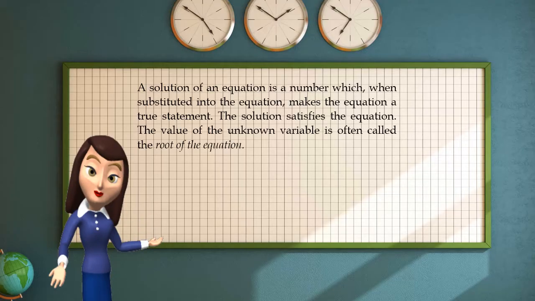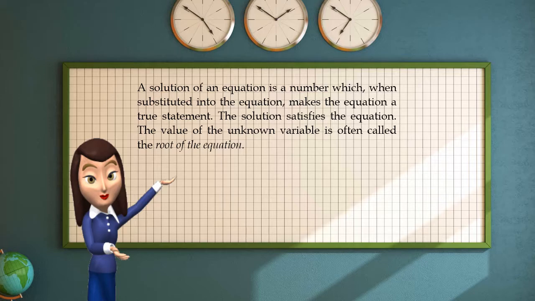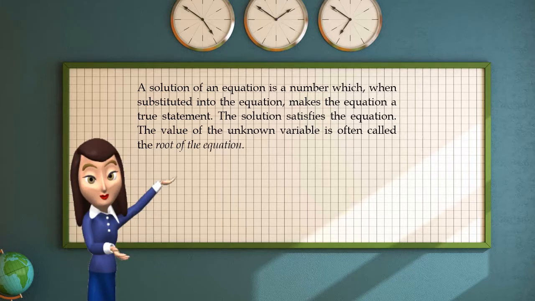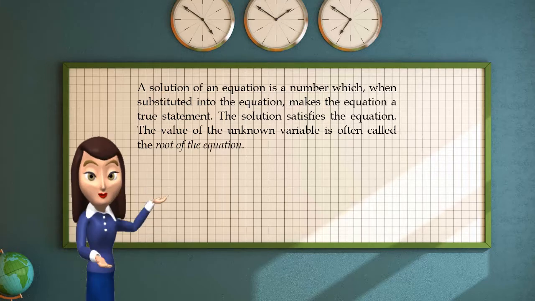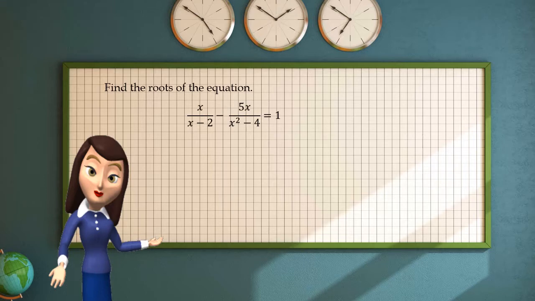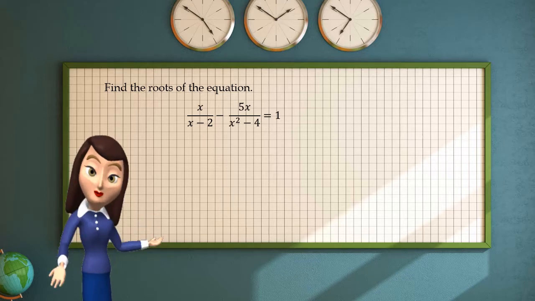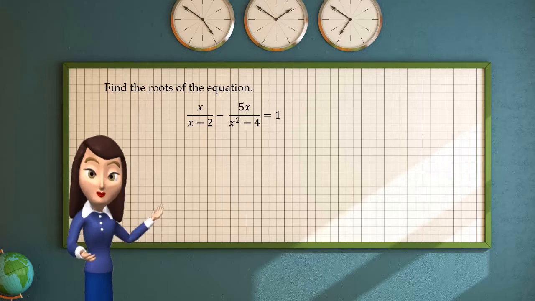In addition, a solution of an equation is a number which, when substituted into the equation, makes the equation a true statement. The solution satisfies the equation. The value of the unknown variable is often called the root of the equation. Find the roots of the equation: x over x minus 2 minus 5x over x squared minus 4 equals 1.